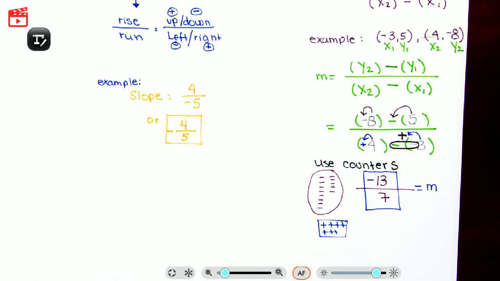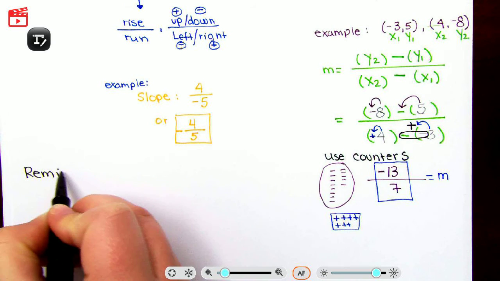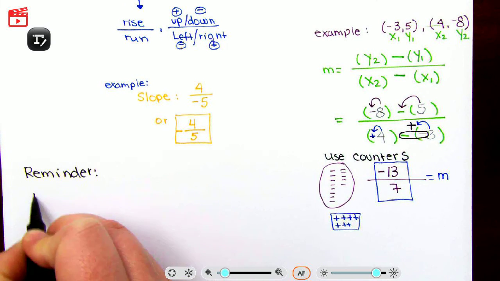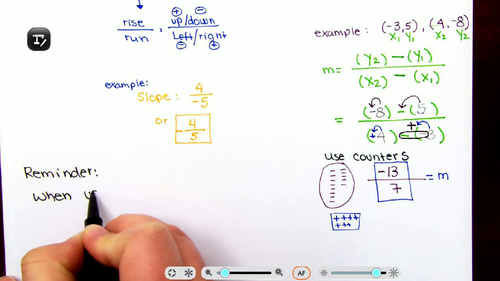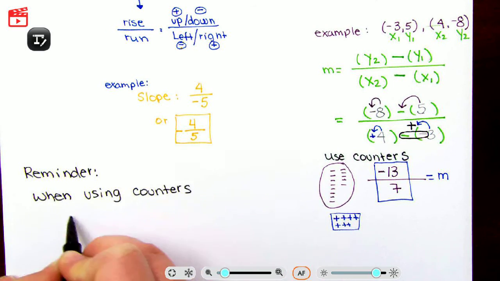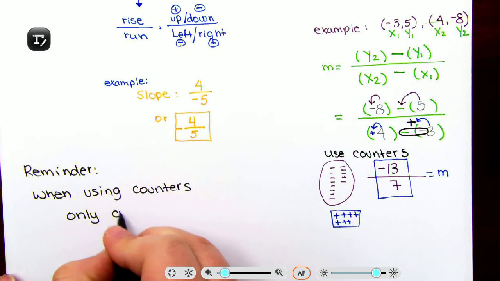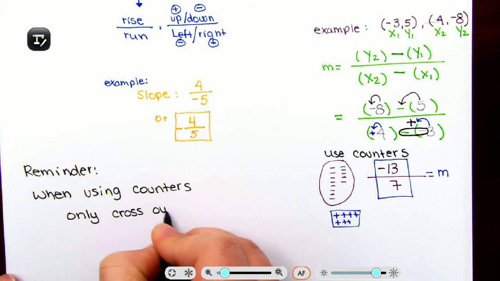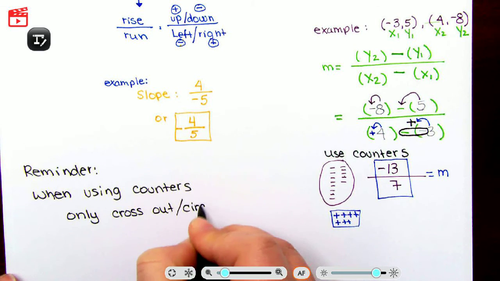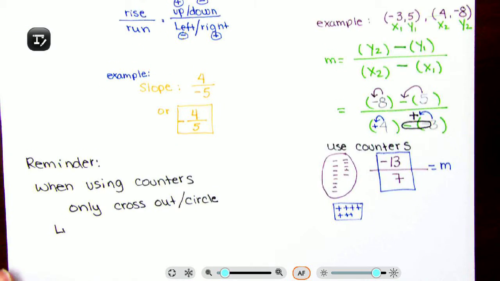Now, I want to mention something before we move on, talking more about slope. Whenever we're using our counters, a reminder: when using counters, only cross out or circle, like, let me not call them like terms because that's incorrect.